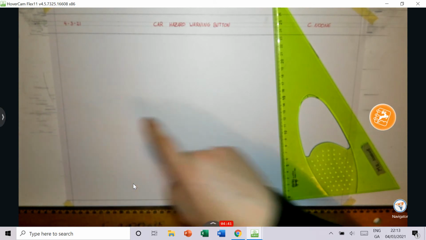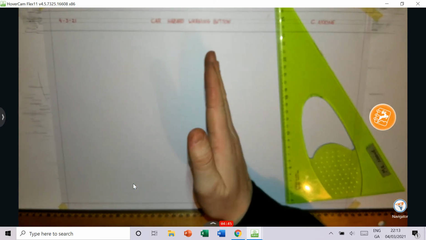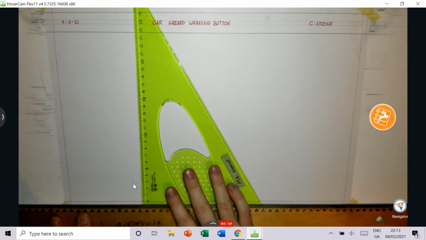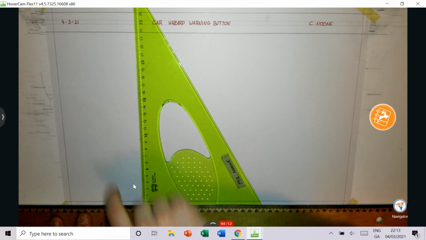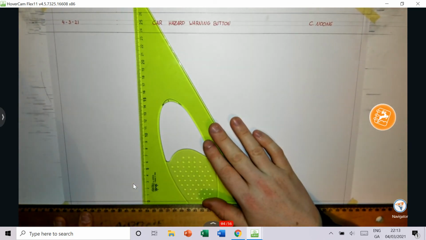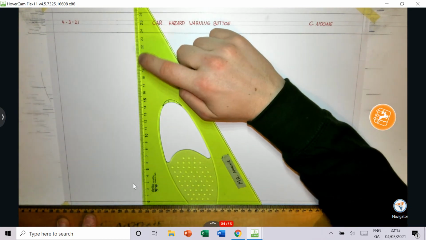Okay, so as I said, that center point needs to be in the center of my sheet. So I want to find a center line going horizontally through my sheet and a center line going vertically through my sheet. So let's start with horizontally. From this line on my border and this line on my border, I can see that it is just about 240 mil.